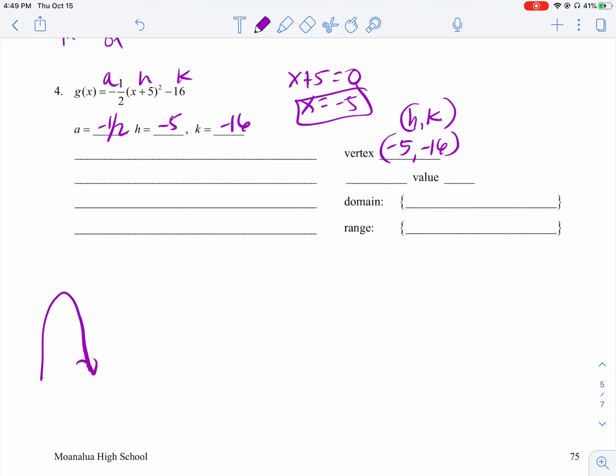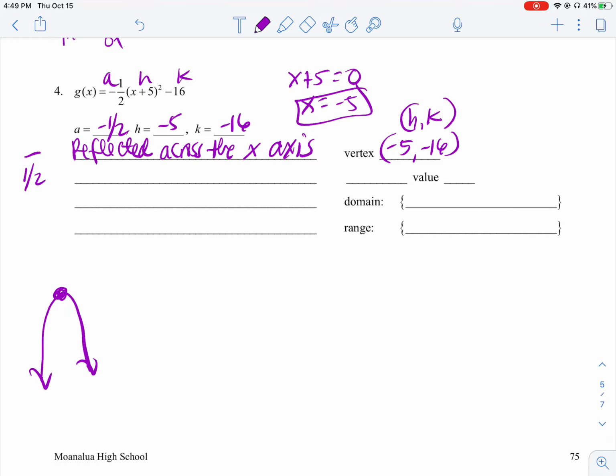And because my a is a negative number, I know that my graph is facing down. So the sign of a is negative, so I would say reflected across the x-axis. Moving on with 1 half. Remember now, I do not care about whether it's negative or positive. I care about the absolute value of it.